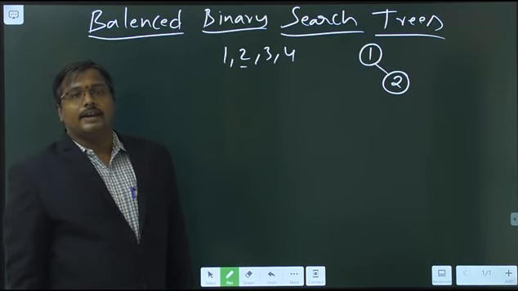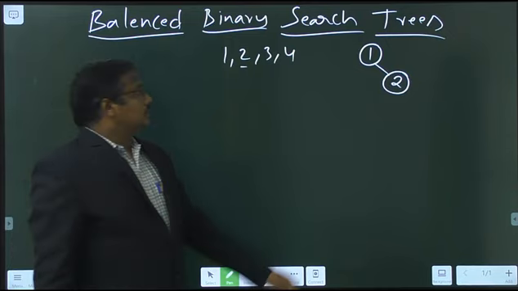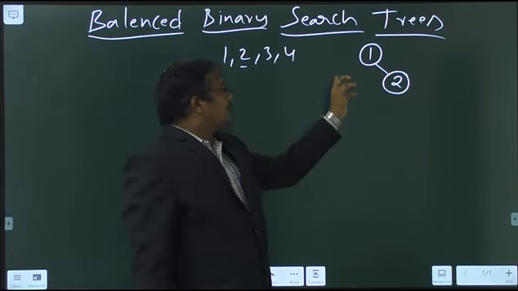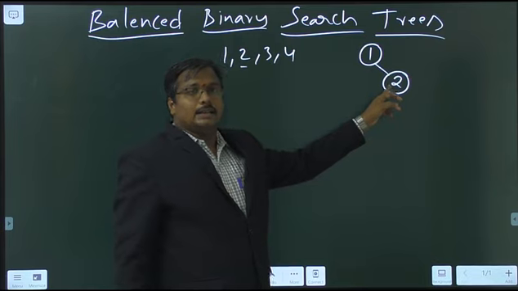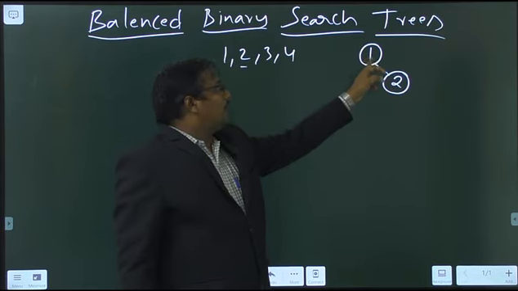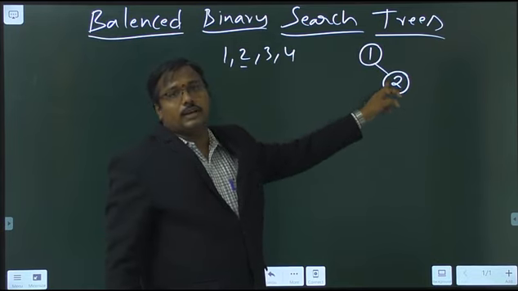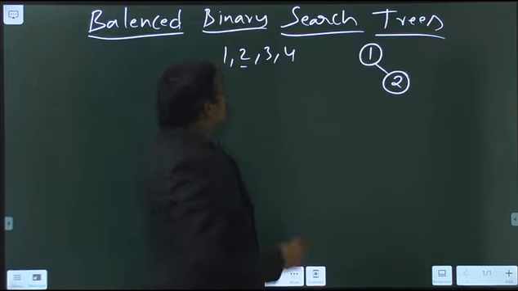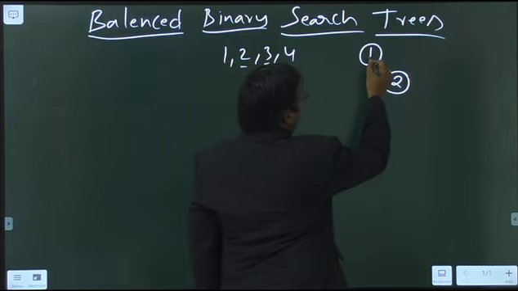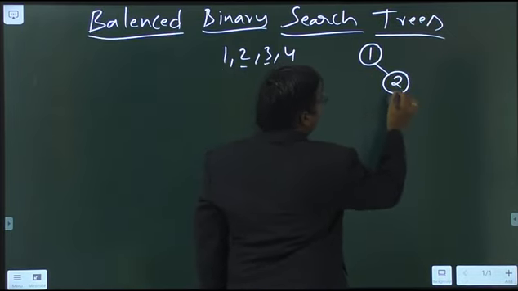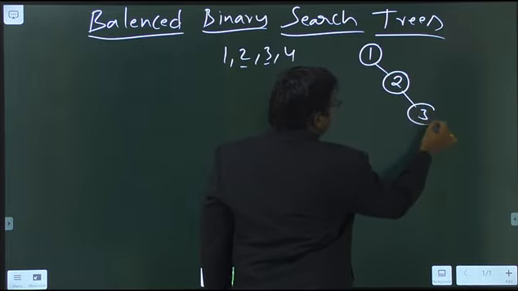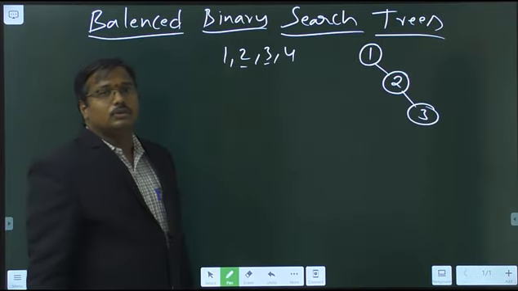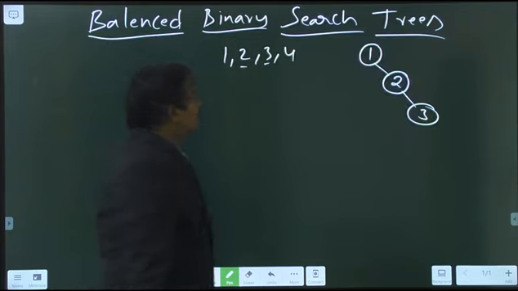Because according to the binary search tree, comparatively to the root node, a lesser element goes as a left child and a greater element as a right child. 2 is greater than 1, so it moves to the right position. Whenever we want to insert 3, it is greater than 1 and also greater than 2, so 3 is inserted as the right child of the parent node 2.